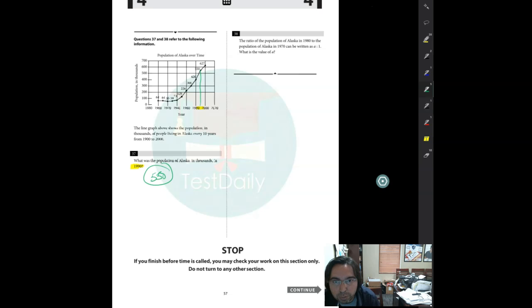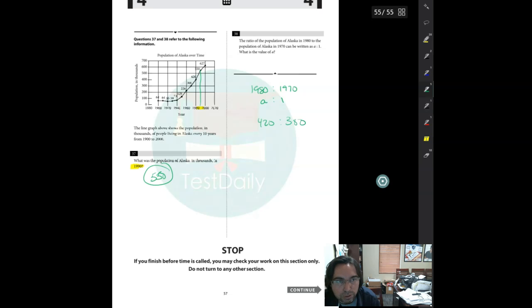And then it's saying here the ratio of the population of Alaska in 1980 to the population of Alaska in 1970 can be written as A to 1. So 1980 to 1970 is the same thing as A to 1. What is the value of A? Well, if we look here, in 1980 the population is 420. The population in 1970 is 300.